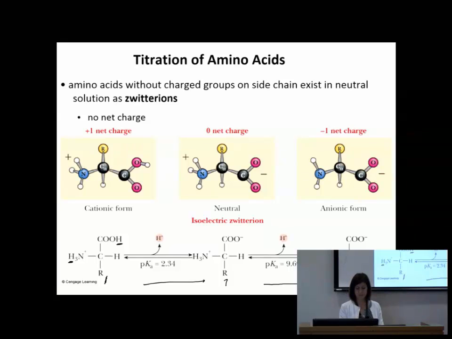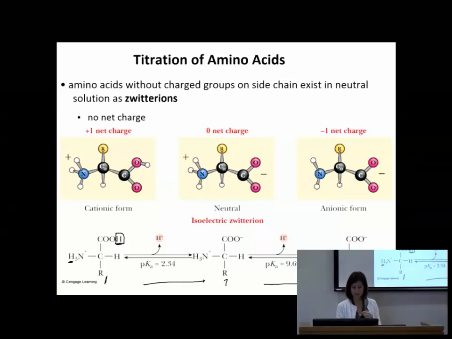Now, acids readily donate their protons. Strong acids completely donate it. Weak acids, not so readily. So we have to get up to pH 2.34 to say that half of these protons have been donated.